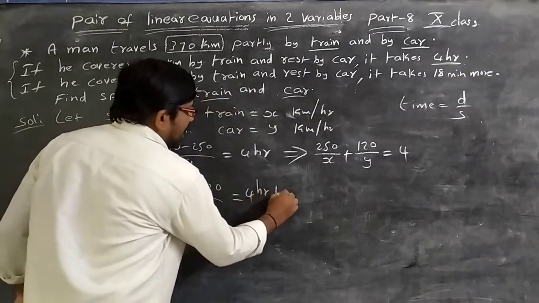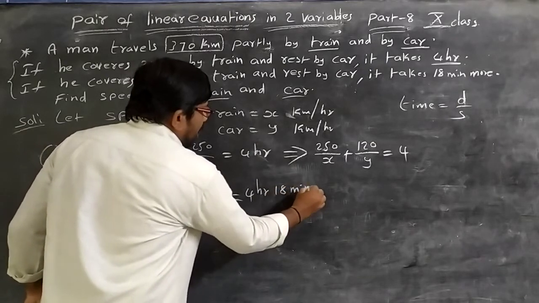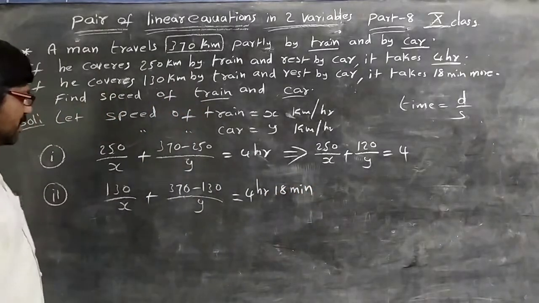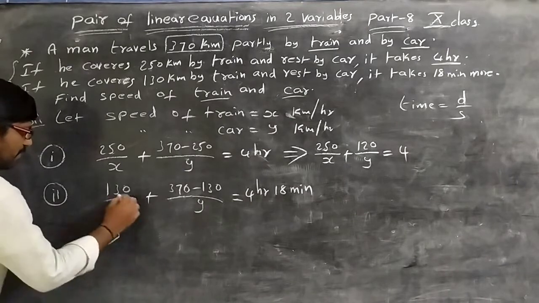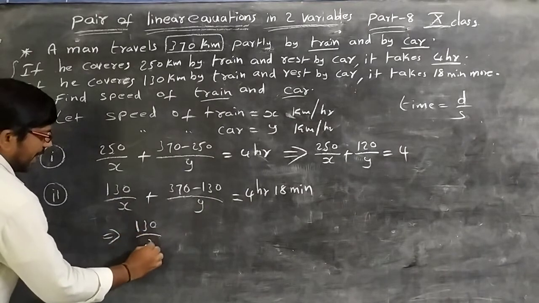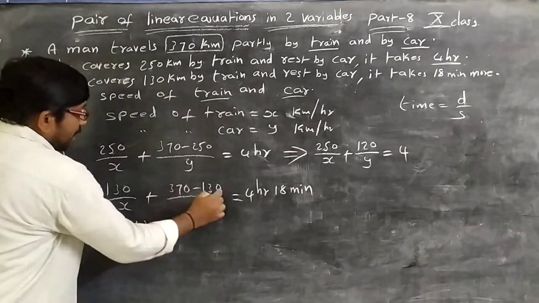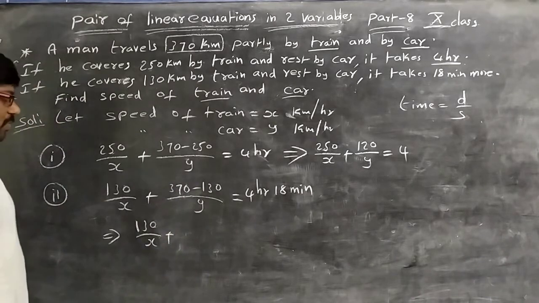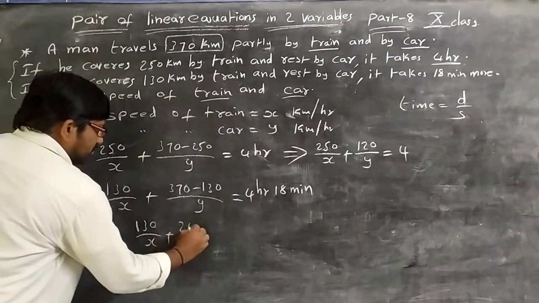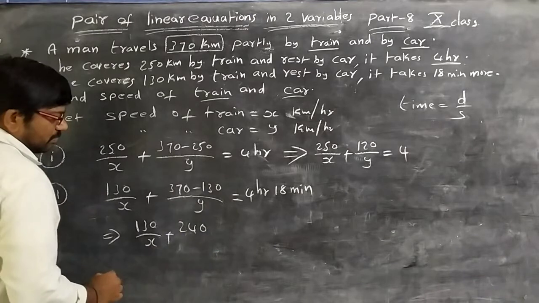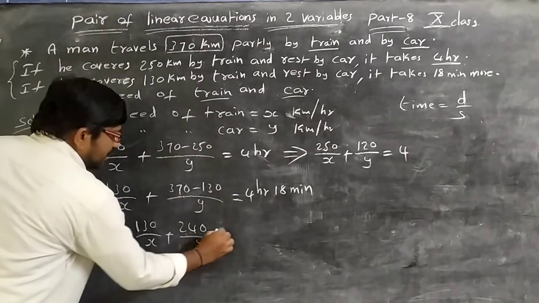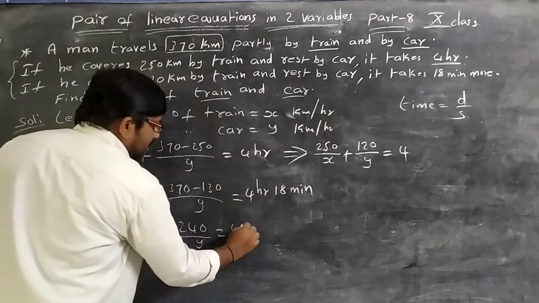That implies 130 by x plus 370 minus 130, that is 240, by y is equal to 4 hours 18 minutes.